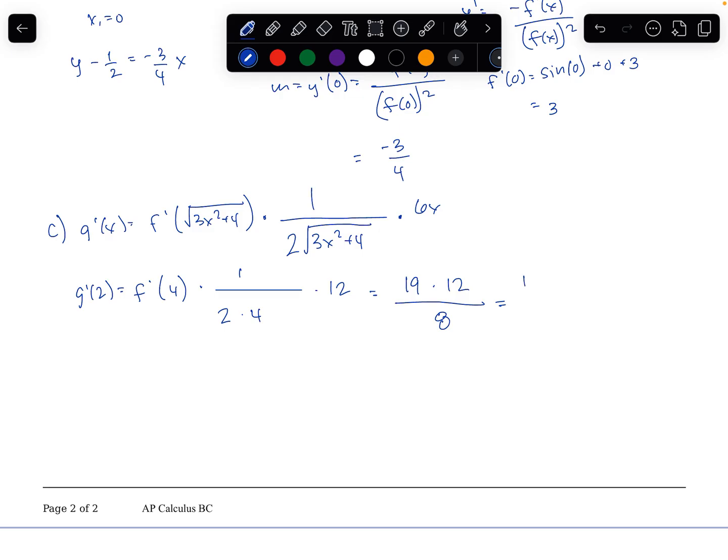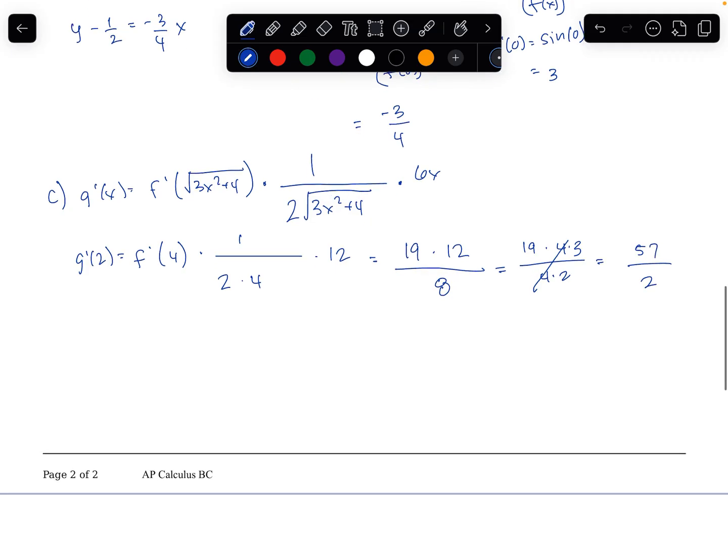So that's going to be 19 times 4 times 3 over 8. And 8 is 4 times 2. Those cancel. So then we'll get 19 times 3, 20 times 3 is 60. So it's going to be 57 over 2. Okay, I think that's right.